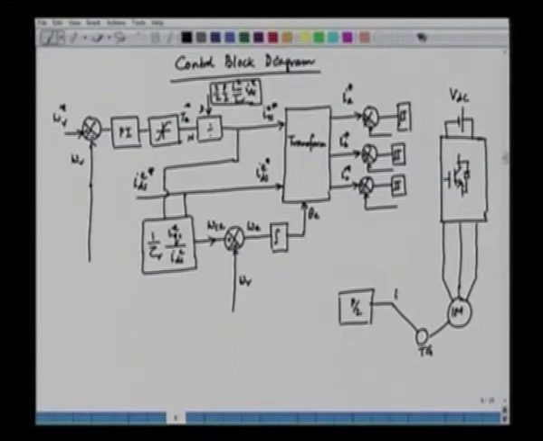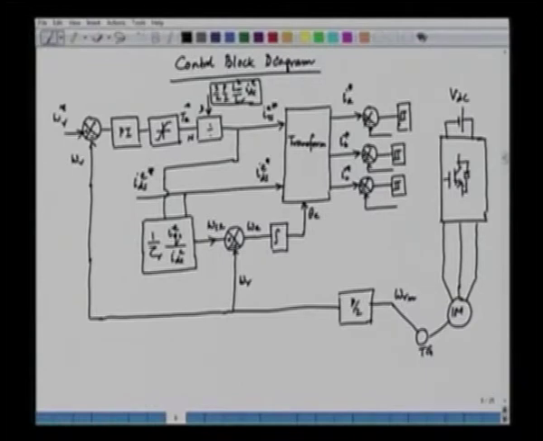This will be omega Rm, the mechanical speed. Then we multiply by P by 2 to get the electrical speed, and the electrical speed is fed back here. What we are controlling is the electrical speed, which can always be scaled. So this omega R here is the electrical speed, omega Rm is the mechanical speed, and hence we have to multiply the mechanical speed by pole pair to obtain the electrical speed.